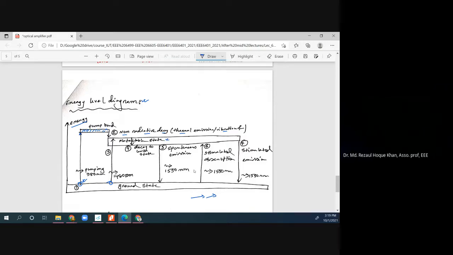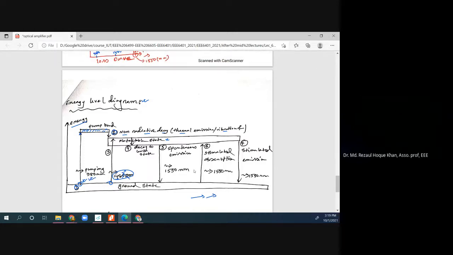Metastable means an in-between state. If this is our step one, then step two is the non-radiative decay. Here we are not using 1480 nanometer as a pump. We are using only 980 nanometer as a pump, for example.